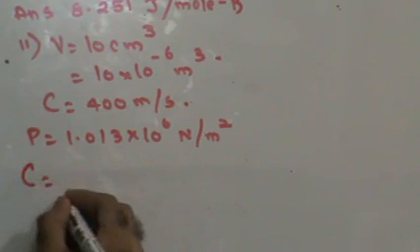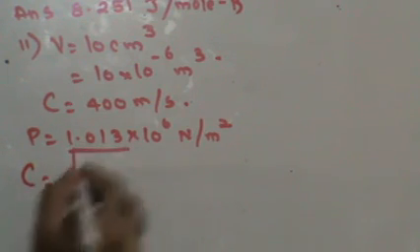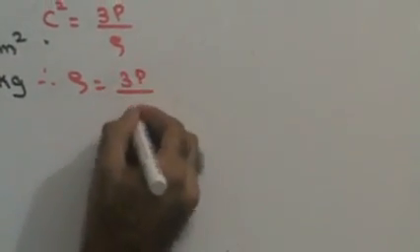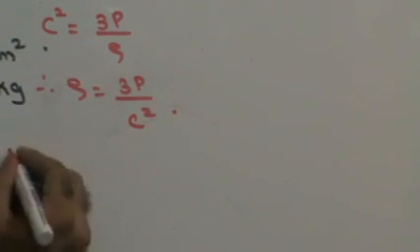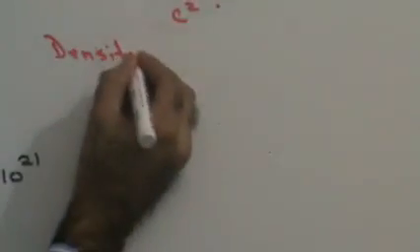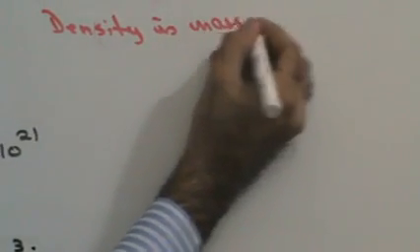First of all, I can say that RMS velocity is square root of 3p by density. Squaring both the sides, I can say c square is 3p by rho. Therefore, I can say density is 3p upon c square. Now, density is nothing but mass upon volume, right? Density is mass per unit volume.